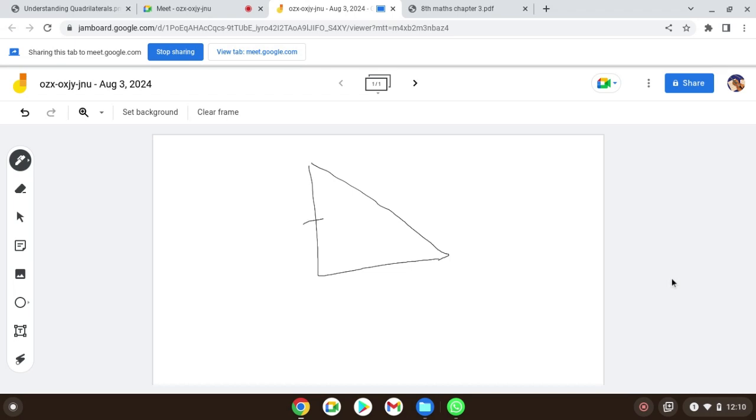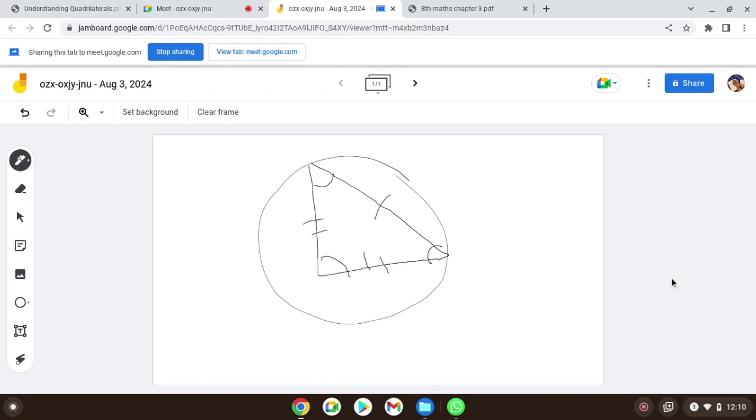These two are similar to each other, but this one is different. This is not equiangular because here the angle is different, here the angle is different, and the sides are also different.